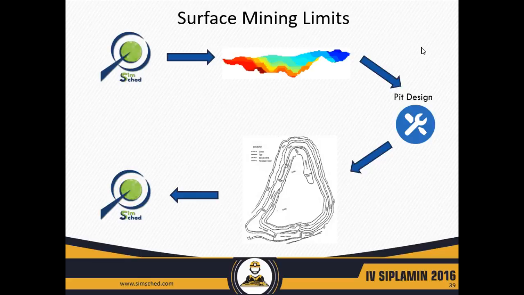This means that when you do the design, sometimes you include more waste, you lose ore, so you change the solution that the optimizer has defined. But if you run again inside this solution, maybe the optimizer will change a few destinations of the blocks, will change a few surfaces of the other periods, and it will maybe improve the value.